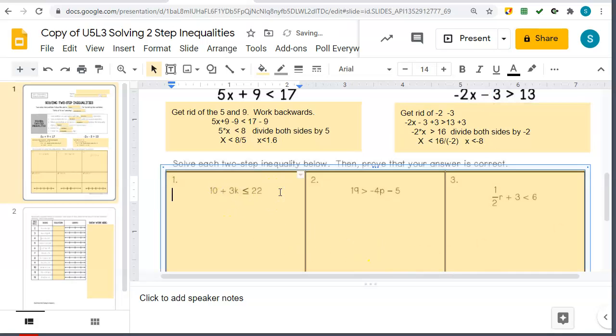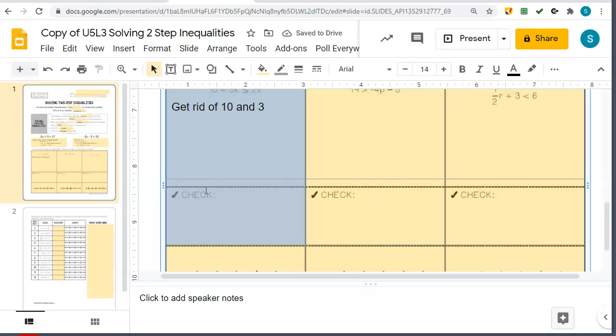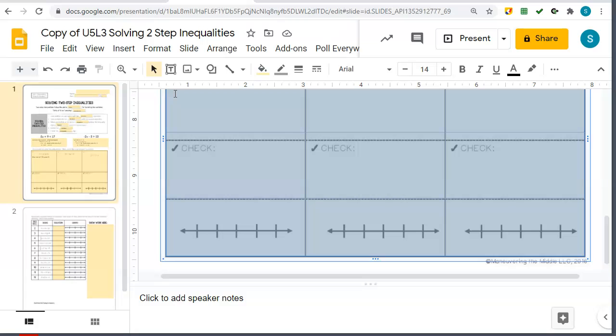Similarly, here we want to get rid of 10 and 3. And wow, my text is super large here. So I'm going to highlight all my text here and just make sure everything gets just a little bit smaller. Where's my text size? There's my text size.